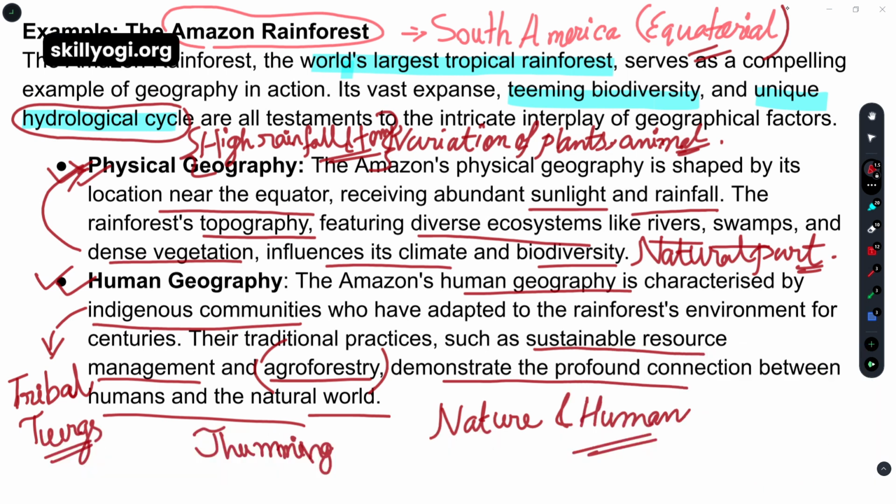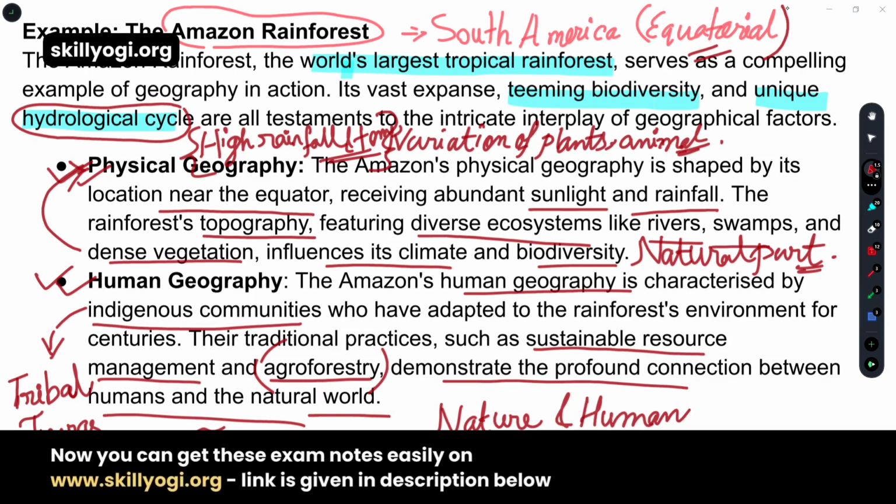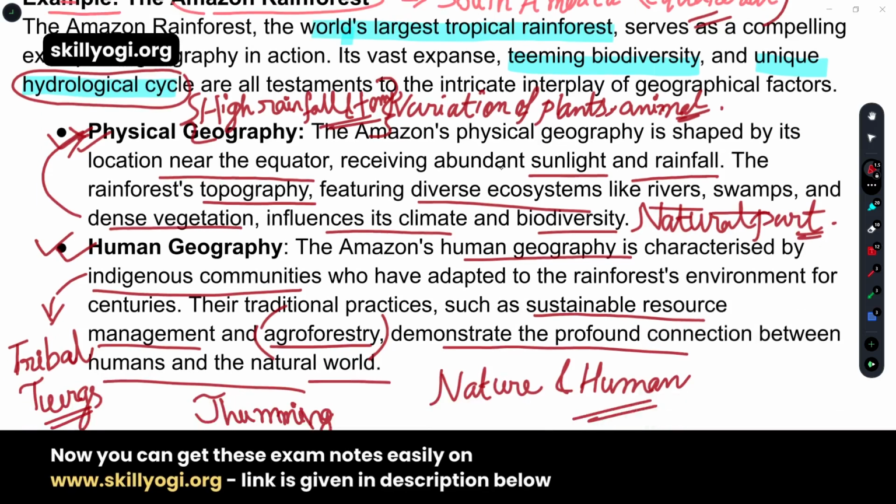It demonstrates the profound connection between the human and the natural world. If we had to buy nature at a cost, then it would not be very accessible to us. As we are getting natural things free of cost, it's very accessible to us. We are making businesses, industries, farms, everything. So it's completely related to human geography.